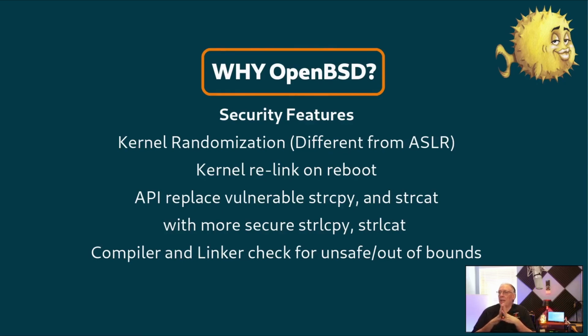There is an API that has replaced one of the problems with C. C strings are vulnerable to buffer overflows. Neither the linker nor the compiler checks on string copy or string cat to see whether the buffer you're copying strings into will actually hold the text, or whether the amount of data you're moving will overflow the destination buffer.